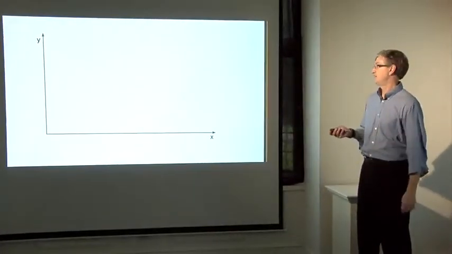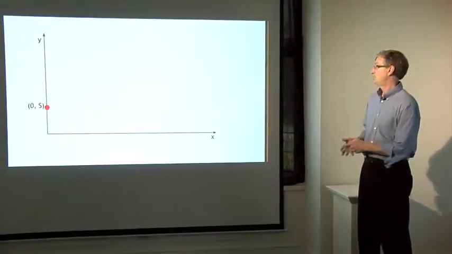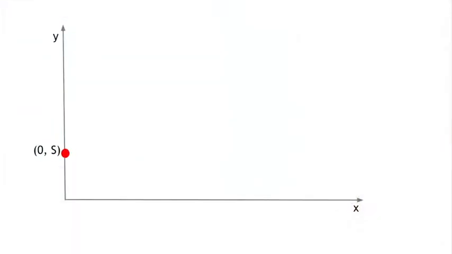And so the way we'll do that is to draw our standard x and y axis here, and we're going to add a point here at 0, s, where s is the secret. And so obviously if somebody can learn what this point is, then they will have reconstructed the secret. Okay, now we're going to draw a line that has a random slope r. R is going to be generated randomly, and so we get a line like this.